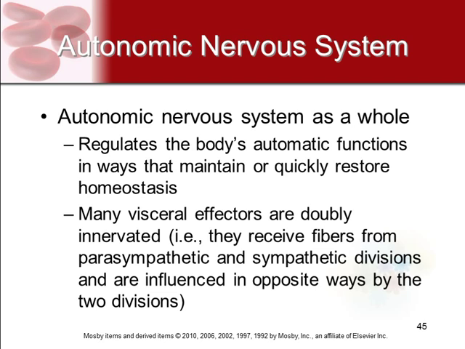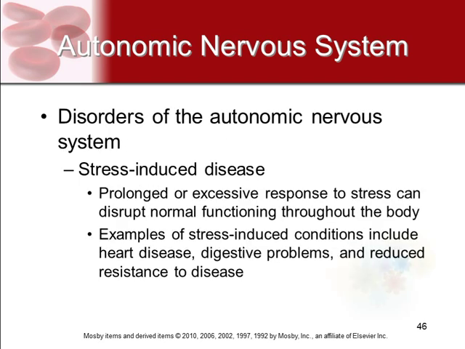Because remember, all of your body systems are just working to maintain homeostasis because that's what's going to help you survive and keep you alive and healthy. So the main visceral effects are integral. They receive messages from both your parasympathetic and your sympathetic divisions, and they oppose each other to balance each other out and maintain homeostasis.